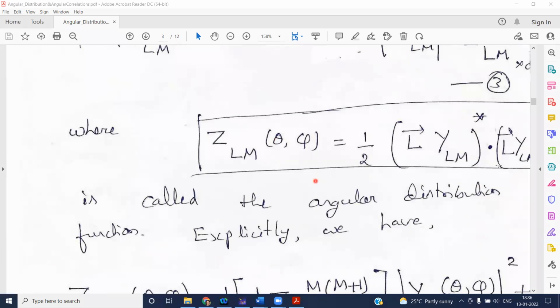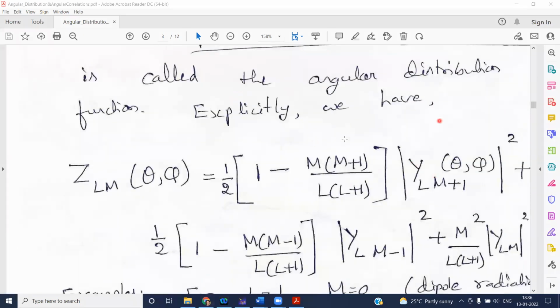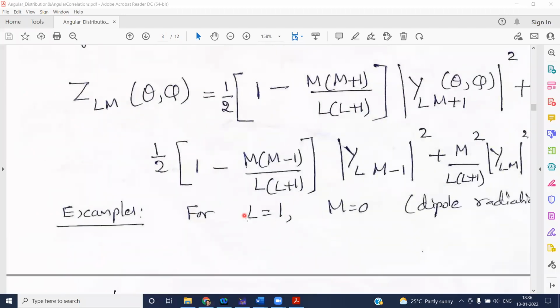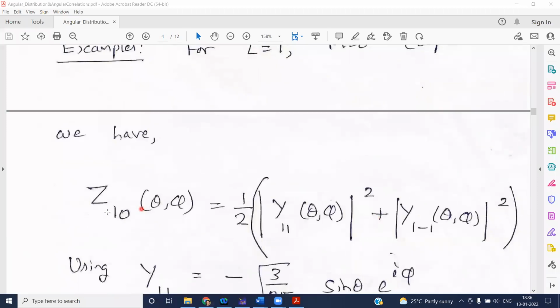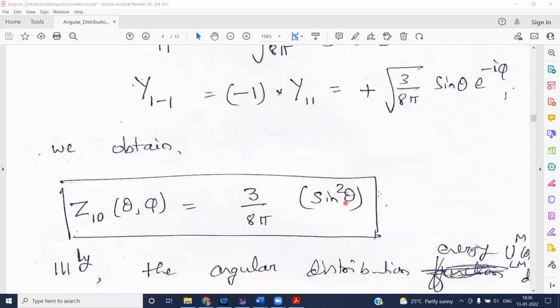So it depends on the angular distribution function, and you can calculate it. For, let us say, multipole L equal to 1 and M equal to 0, called dipole radiation, we obtain the angular distribution as sine squared theta.